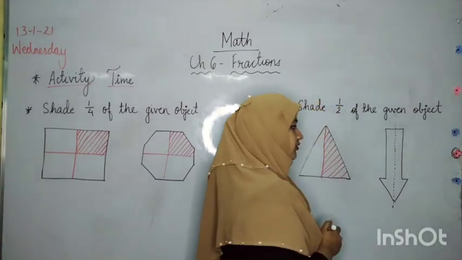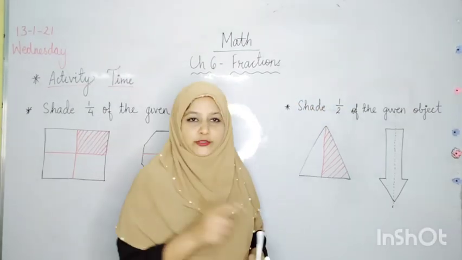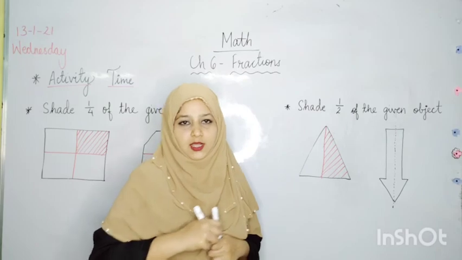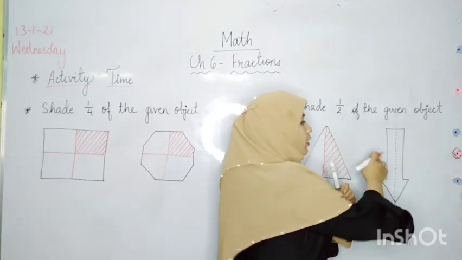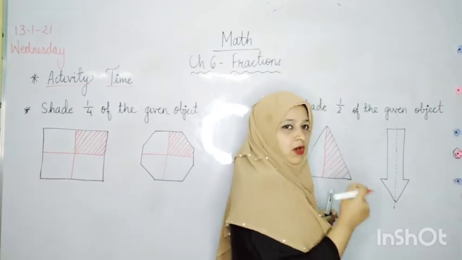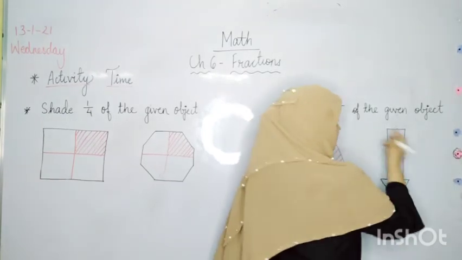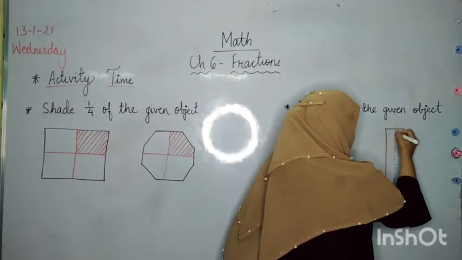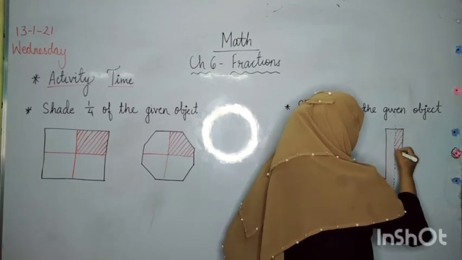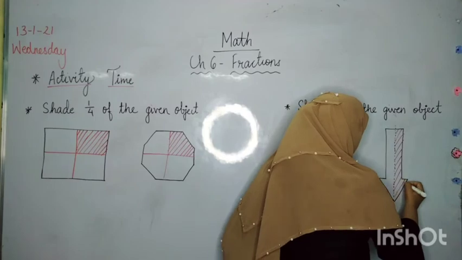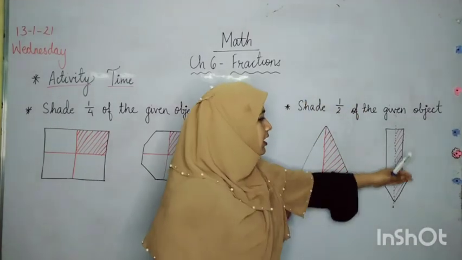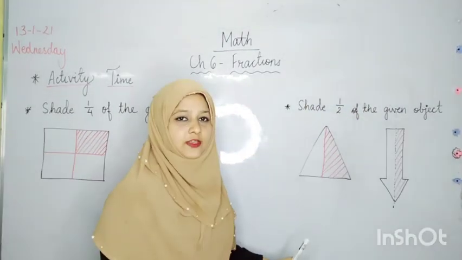I am doing it roughly, but you are going to use a scale to make the line, so your book looks neat and tidy. Now I have divided the object into 2 equal parts. That means it is into half, and I will color only one part. This is called half of the given object.